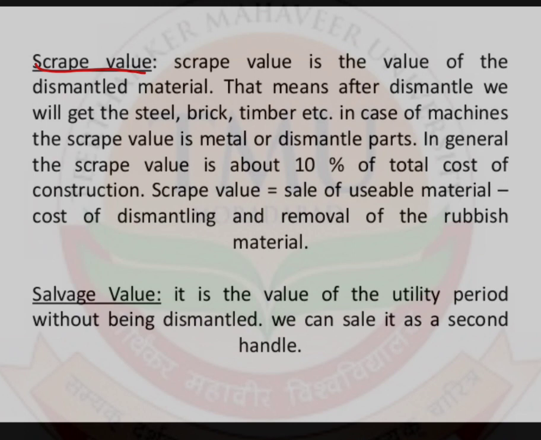The dismantled material has a certain cost, but the cost of dismantling and removal of the rubbish material is to be deducted. That will give you the net scrap value. And sometimes the scrap value is negative also.